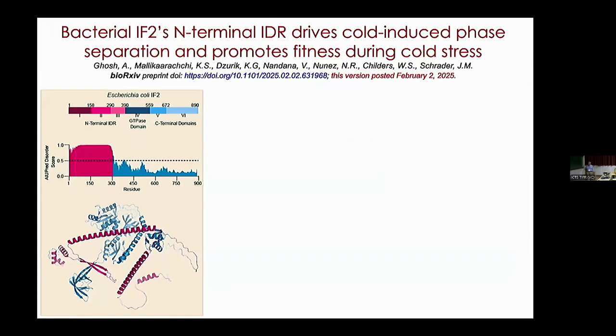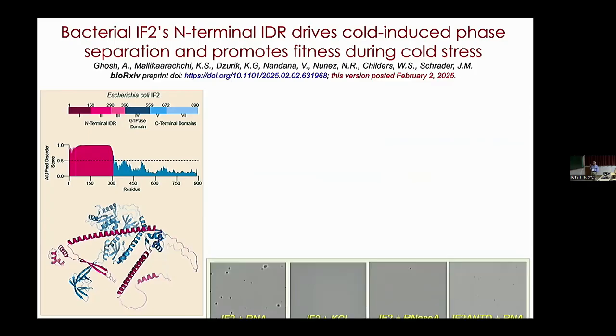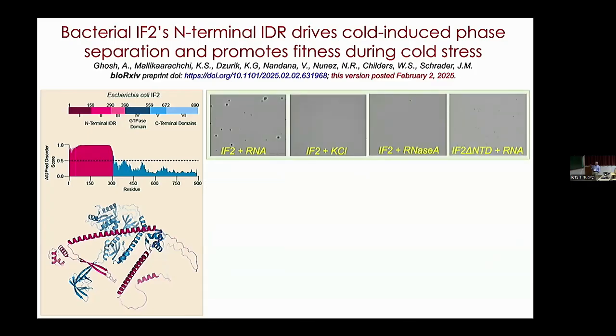And around this time, there was this study that came out in bioRxiv. Unfortunately, we still don't see this as published. But what they found out was that IF2, like many of the proteins that have been talked about here, has an IDR, intrinsically disordered region. They were also able to show that it will go into these bodies, liquid-liquid phase separation, LLPS, as they call it.